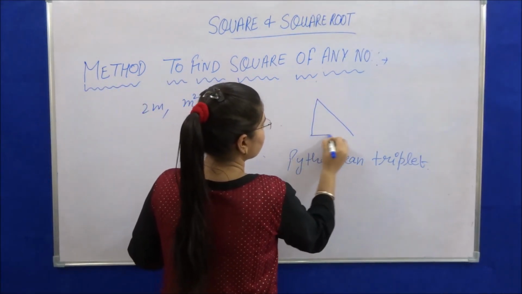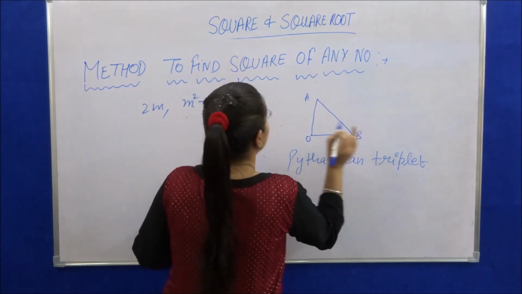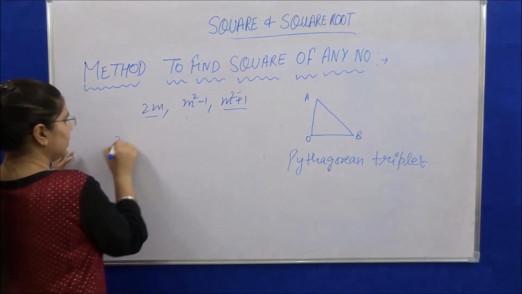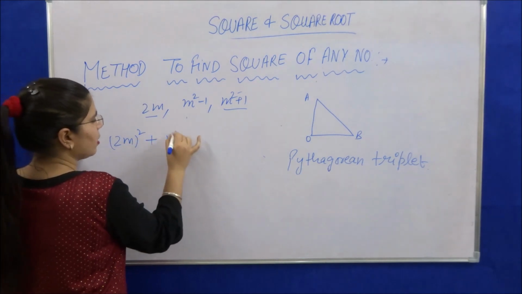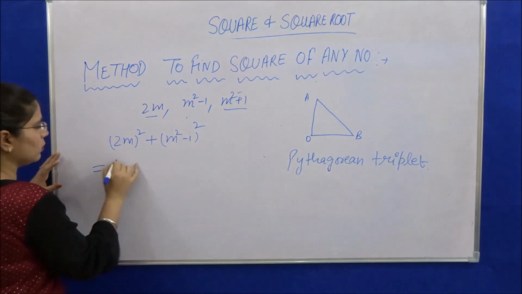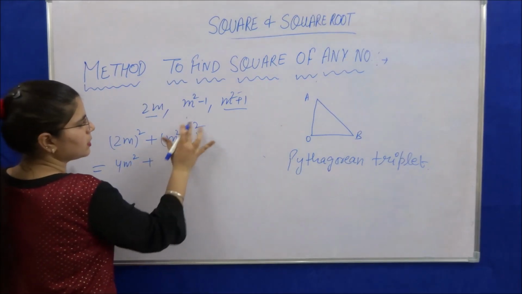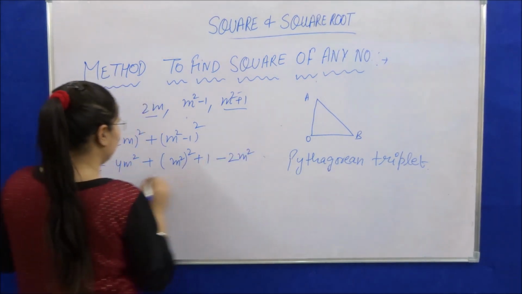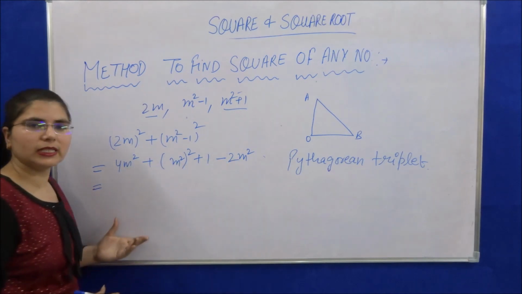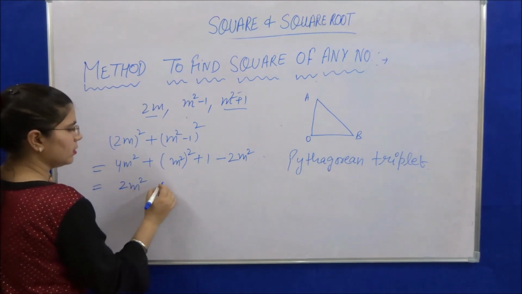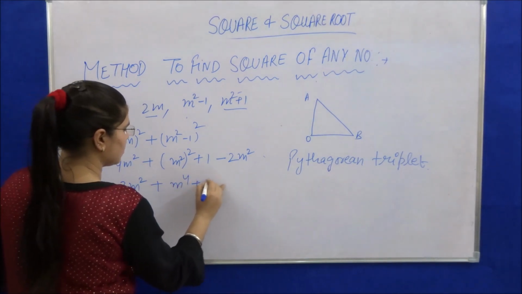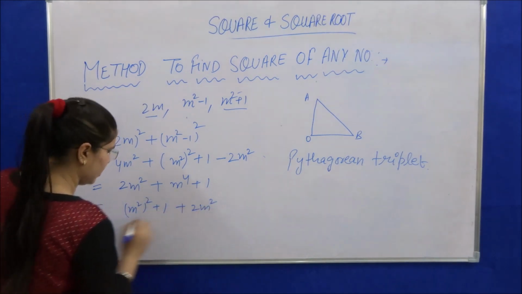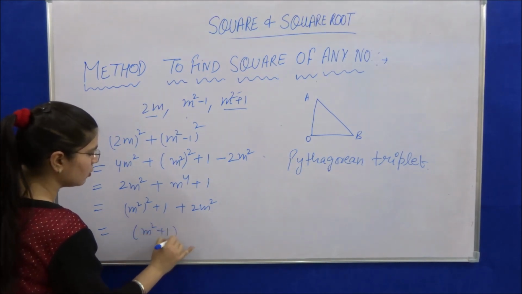If we consider a right angle triangle AOB, with this as our smallest number and this as our largest number, then (2m) square plus (m square minus 1) whole square will be equal to 4m square plus m raised to power 4 plus 1 minus 2m square, which is m raised to power 4 plus 2m square plus 1, which will be equal to (m square plus 1) whole square.